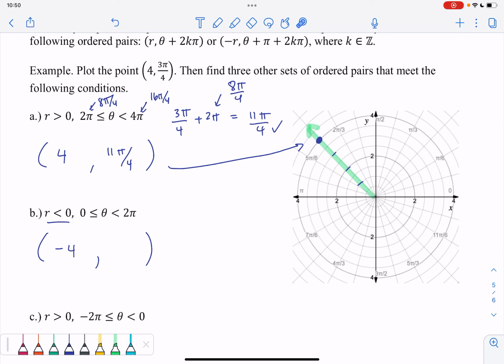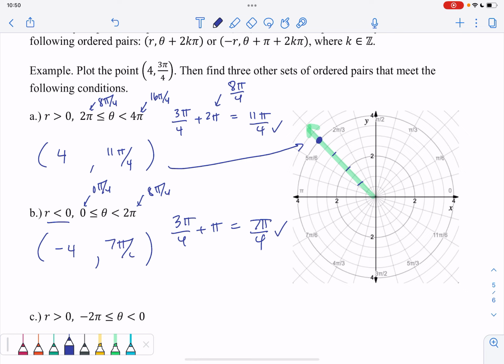Okay. So I have 3 pi over 4 to start. If I add pi, that gets me to 7 pi over 4. And then I can check, is that what I want? Because if it's not, I can add multiples of 2 pi or subtract multiples of 2 pi. Well, 0 is 0 pi over 4, and 2 pi is 8 pi over 4. And 7 pi over 4 is certainly between those, so I have found it.